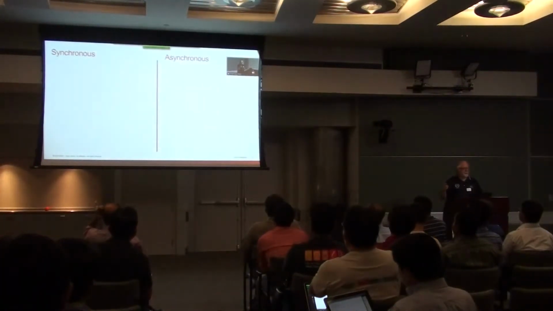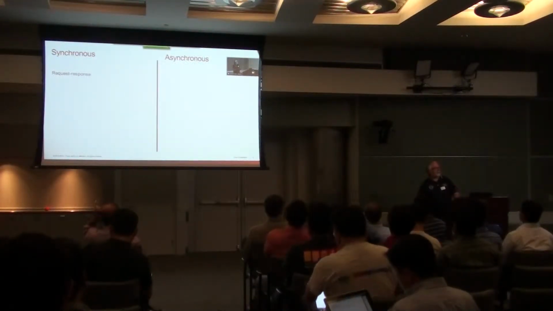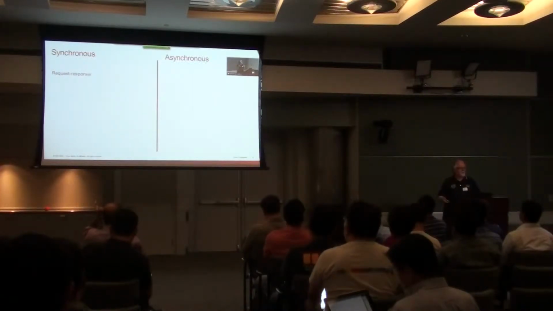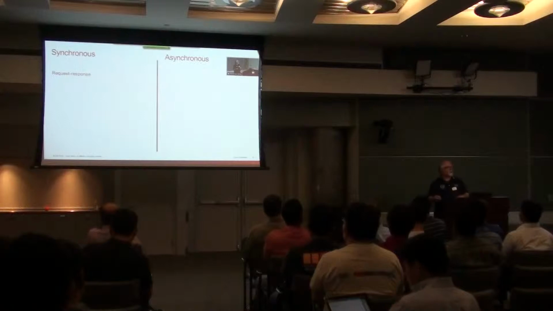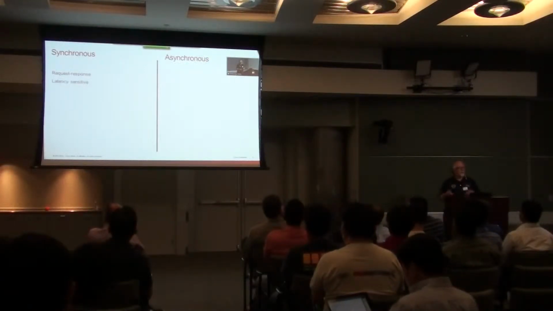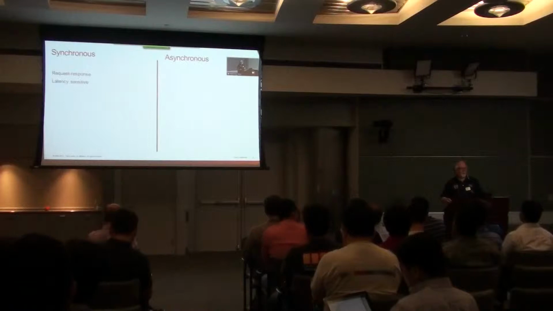So synchronous microservices are typically things that are driven by request response by some user, either as an API service, they're driven by some kind of user interaction. They are things that you request a service and you get a response to it. They are latency sensitive. When somebody says, well, how do you measure success? One of the most important measures of success is the latency that your service introduces into the overall production of some kind of result.